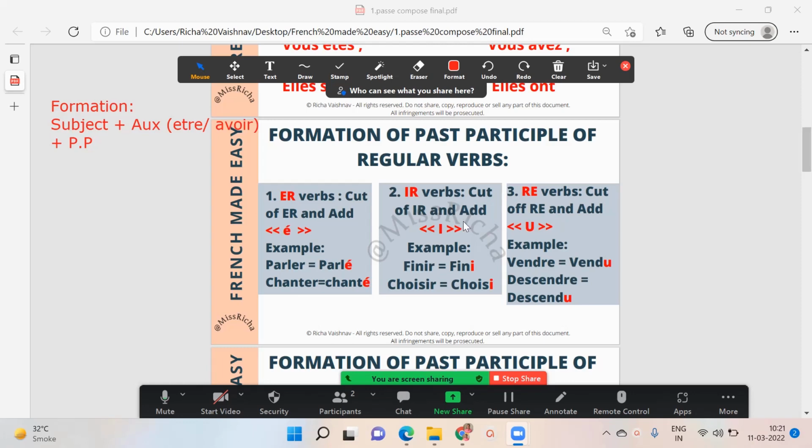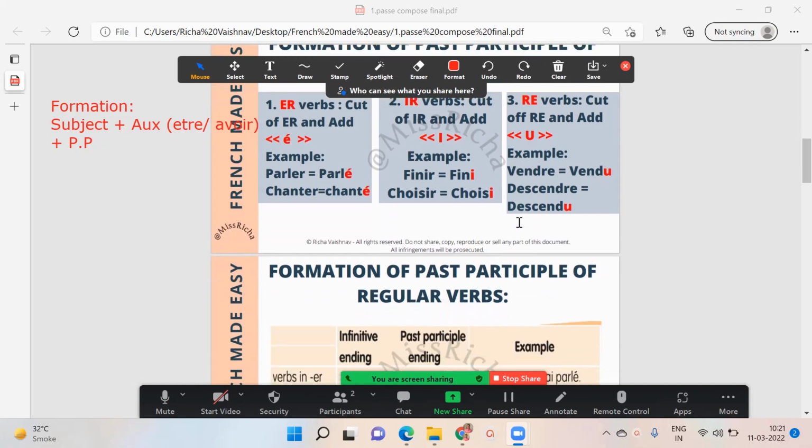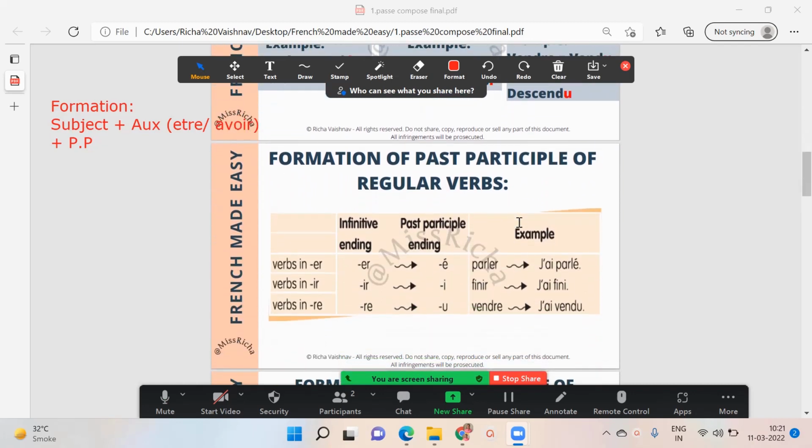We drop IR and add I. That's finir, fini. You just have to remove the R. And for RE verbs, cut the RE and add U. So vendre becomes vendu, descendre, descendu. Attendre becomes attendu. These rules are applicable only for the regular verbs.